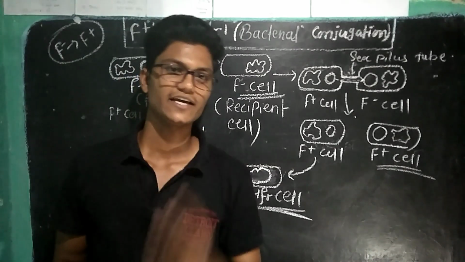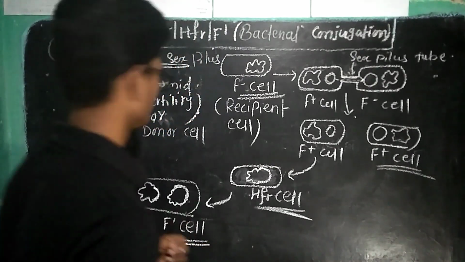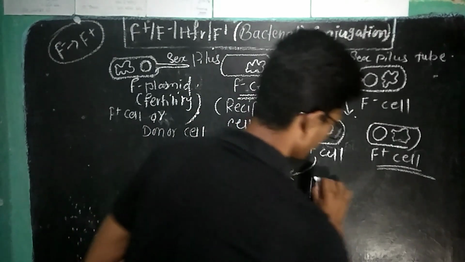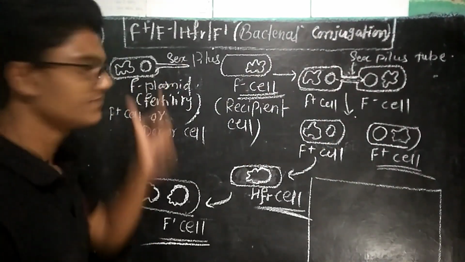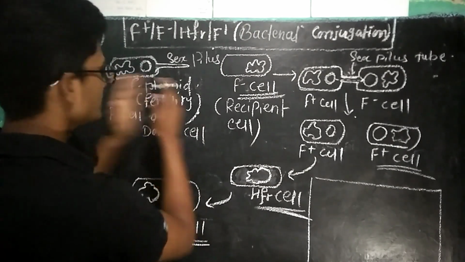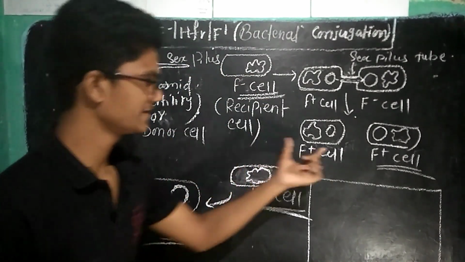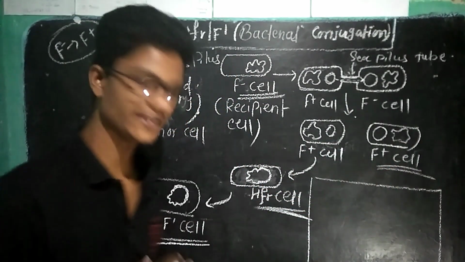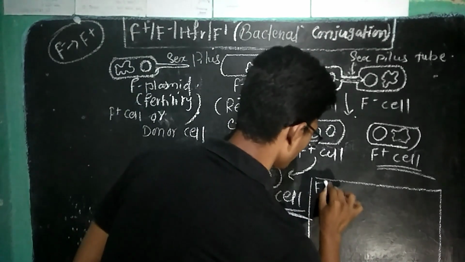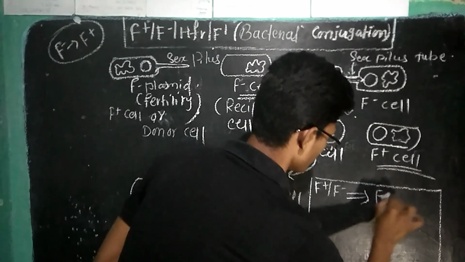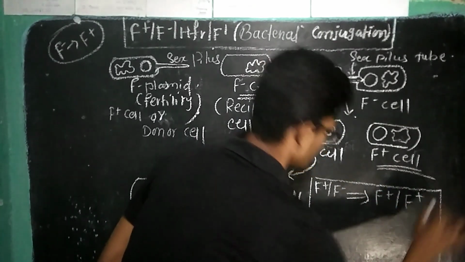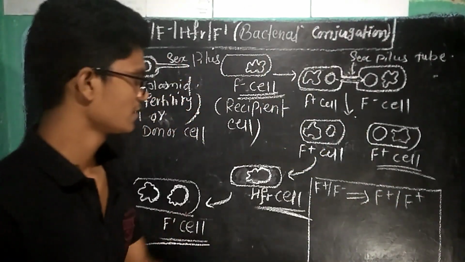So we get three types of recombination from this. In the first cross, between the F plus and F minus, we are getting F plus type of recombination. If we cross the F plus and F minus cell, we get the F plus type of new combination.